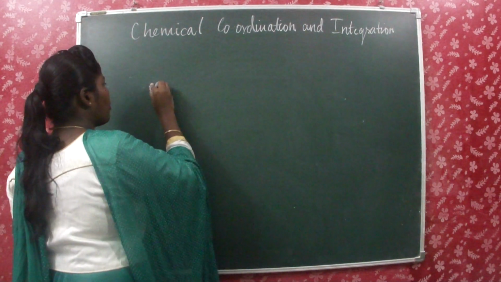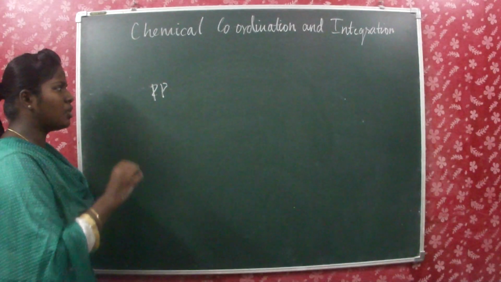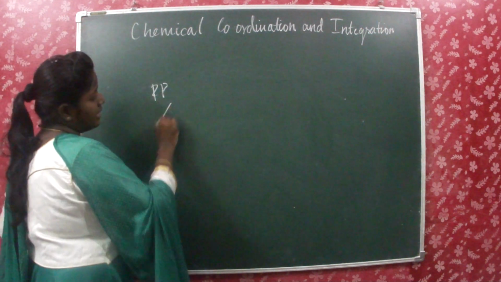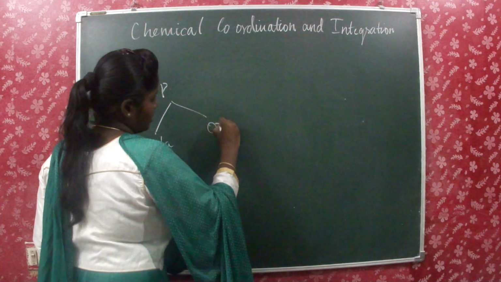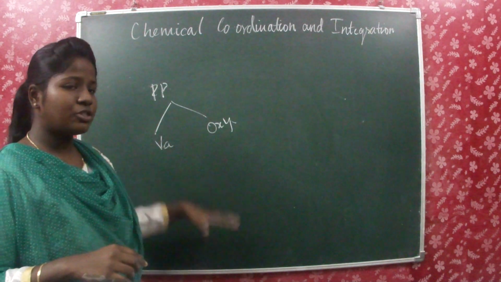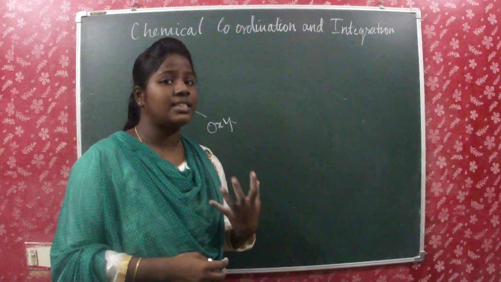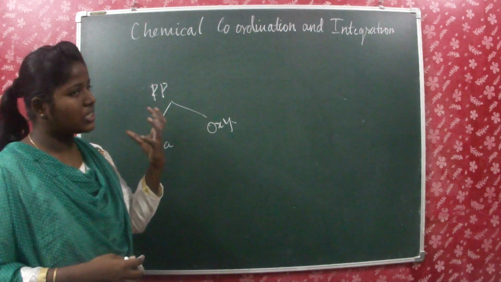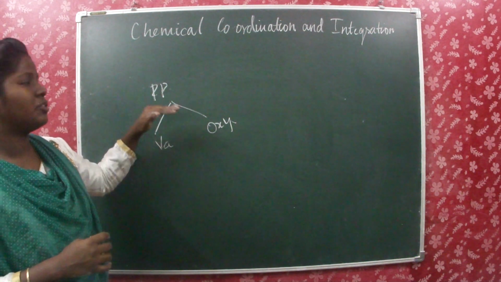When we take the posterior pituitary, that is the neurohypophysis, it secretes two hormones, that is vasopressin and oxytocin. These two hormones are actually synthesized in the hypothalamus, and they are passed on to the posterior pituitary axonally.